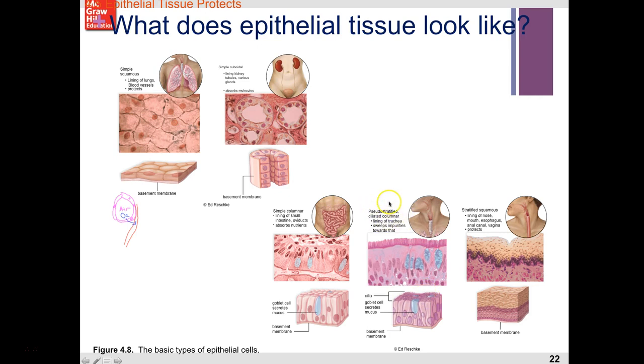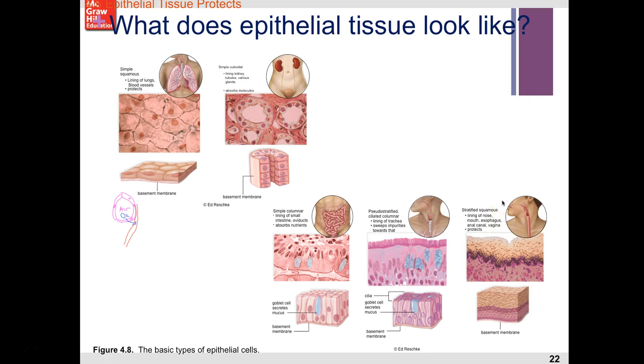So a lot of people call pseudostratified ciliated columnar epithelium respiratory epithelium because we're going to find it lining the trachea as well as some of our other respiratory passageways, and it'll sweep any impurities that we have in our trachea or your windpipe up toward your oral cavity for you to cough out, or it'll swing it back toward your esophagus so you can swallow it, and your digestive system will take over from there as far as getting rid of anything bad.